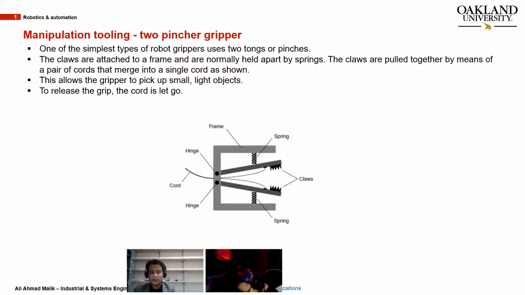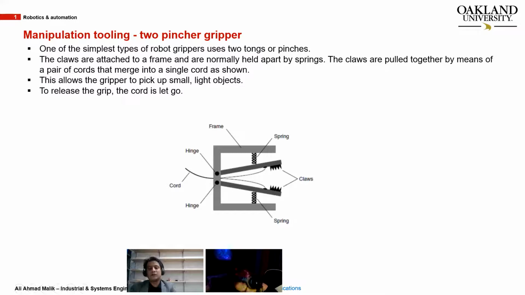Basically, you would hardly find any gripper in industry in the present day using these principles, but the principle is still there. In the past, companies have been using them. One example is this two pincher gripper.